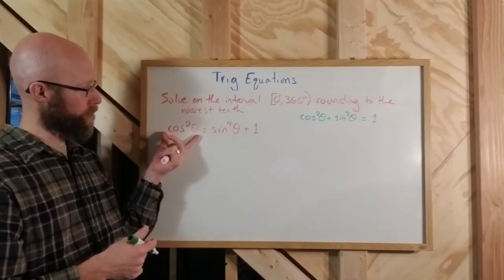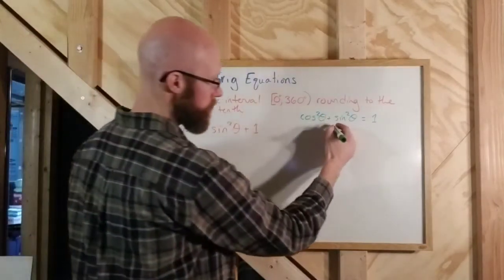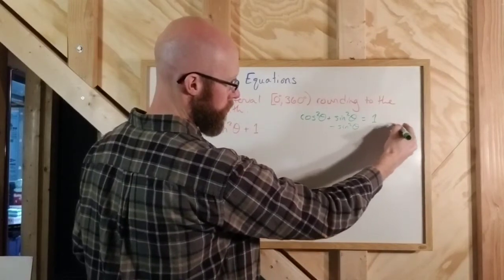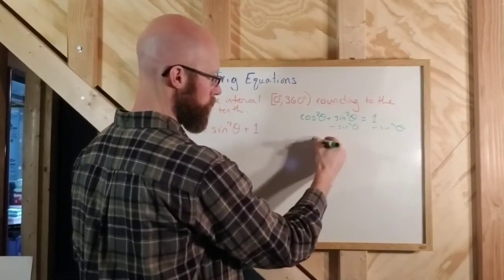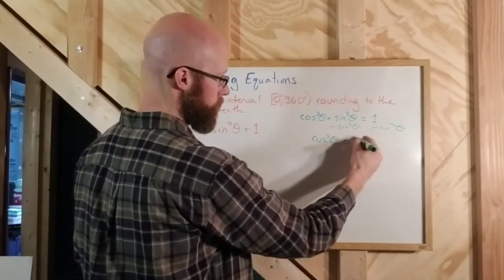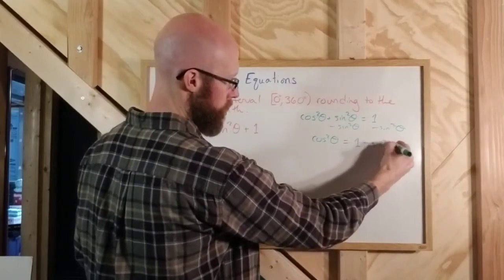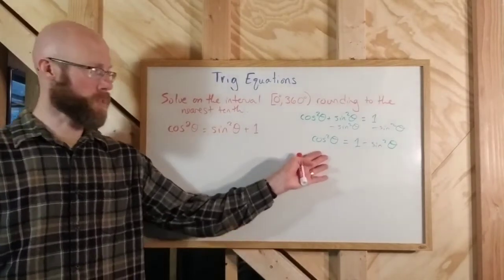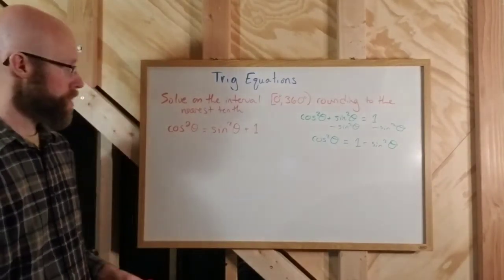If I were to get cosine squared by itself, I'd have to subtract off the sine squared theta. And so we know that the cosine squared theta is 1 minus the sine squared. So that's still a Pythagorean identity, just an alternate form. And so that's what we're going to do.